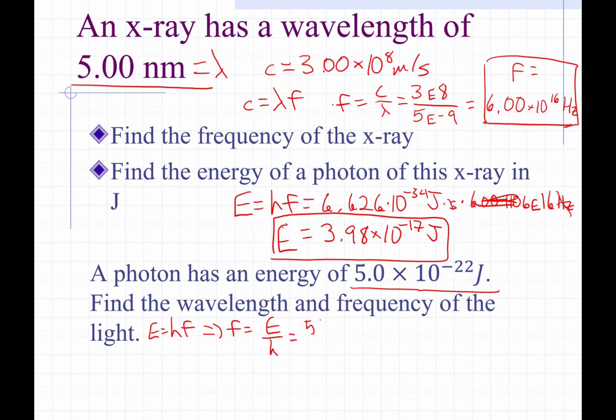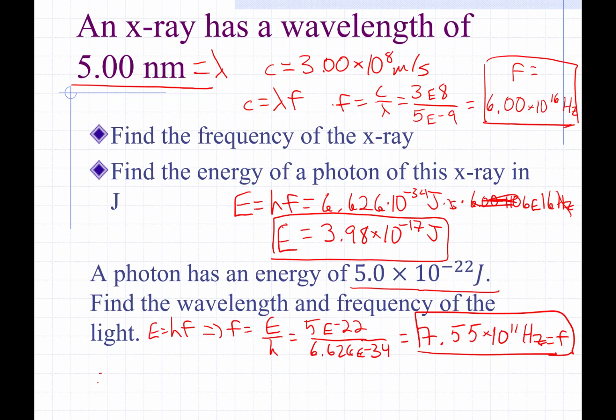So that's 5 times 10 to the minus 22 over h, 6.626 times 10 to the minus 34. We get 7.55 times 10 to the 11 hertz, which is equal to our frequency.